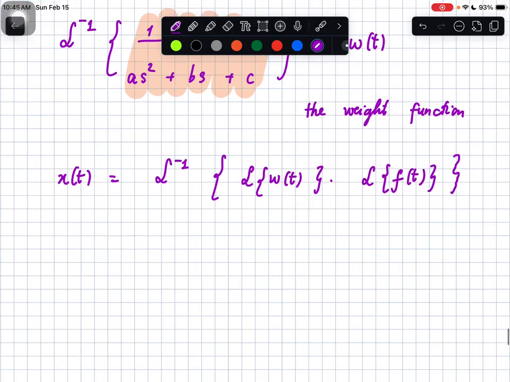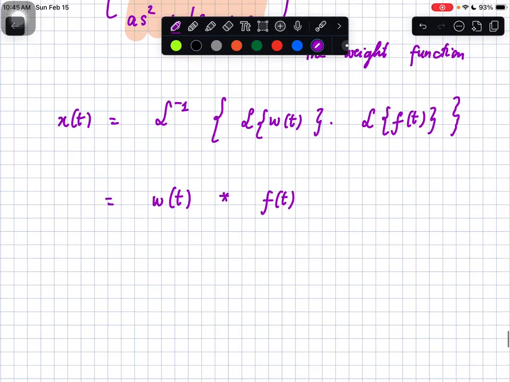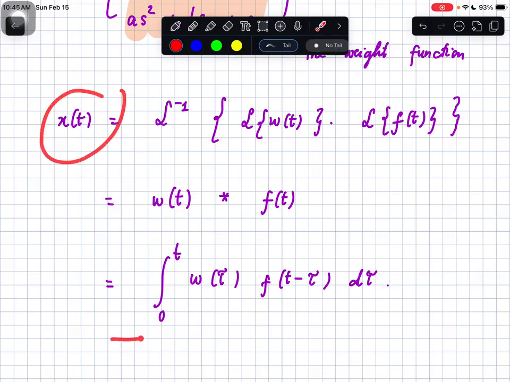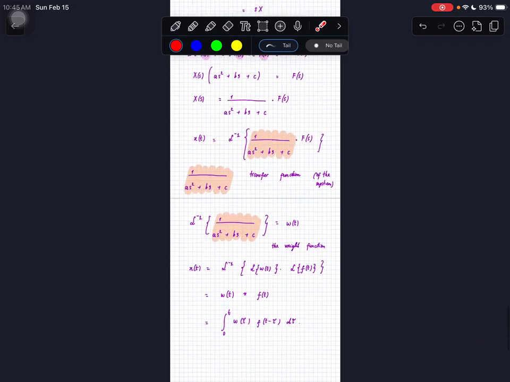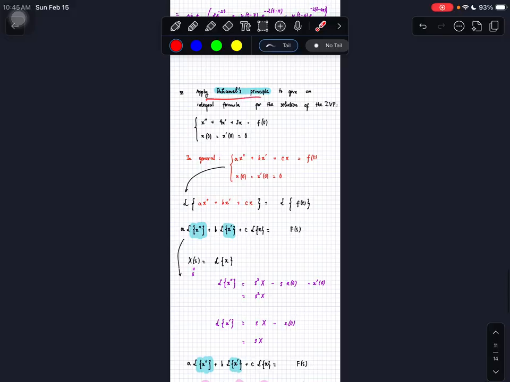And this one is omega t star f t, the convolution of omega and f. By definition of convolution, this is the integral from 0 to t of omega tau f of t minus tau d tau. This is the solution of this system, and the formula we just obtained is called the Duhamel principle.